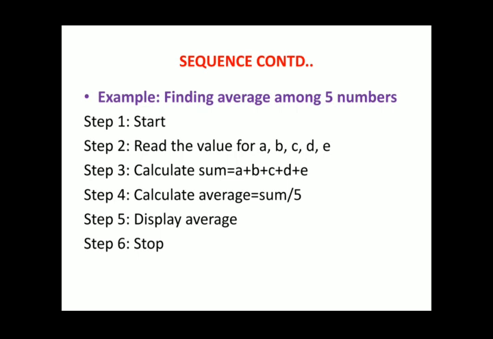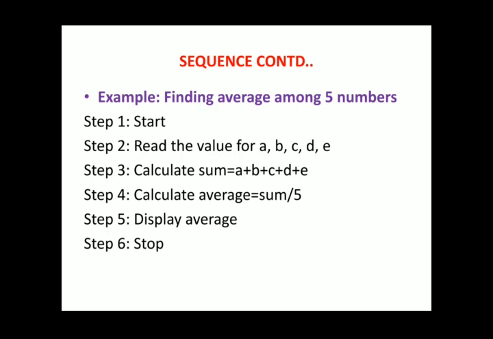So we get 15 by 5 as per the logic, and the answer 3 is obtained. So now the processed data is assigned to the variable average. So now the answer stored in the variable average is displayed as the output as per the instructions given in step 5. So this is the concept of sequence control flow.